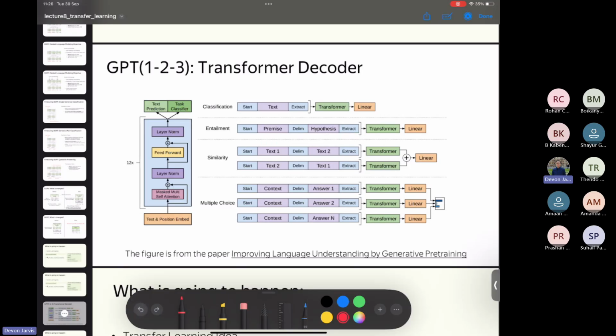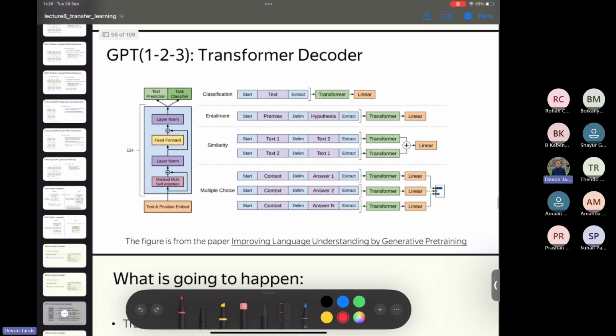So if you showed a premise and a hypothesis, the behavior of it is that it's going to do masked language modeling on that input, but by the end of it, you will get a good representation that you can then do classification off of. Okay, so with BERT, you are the encoder side, with GPT, you are the decoder side, and because the decoder does language modeling, you need to reuse the transformer for multiple pieces of text depending on your task.